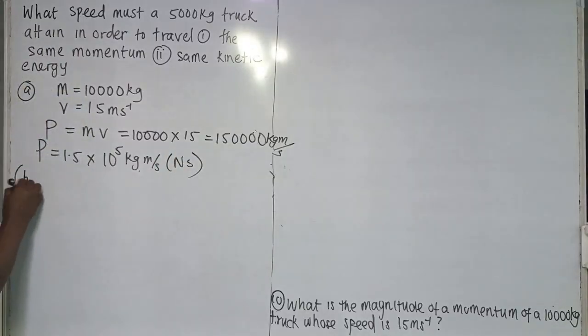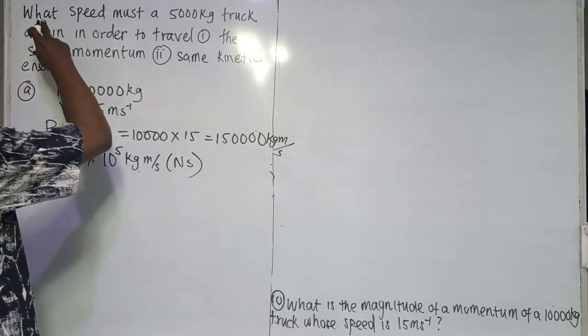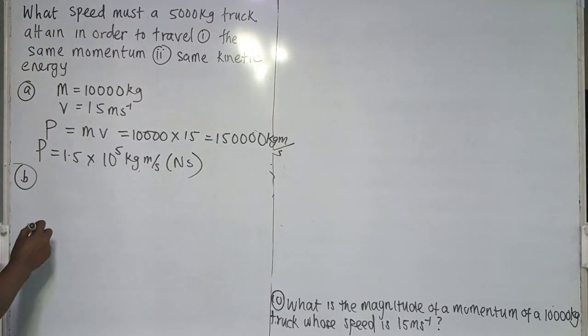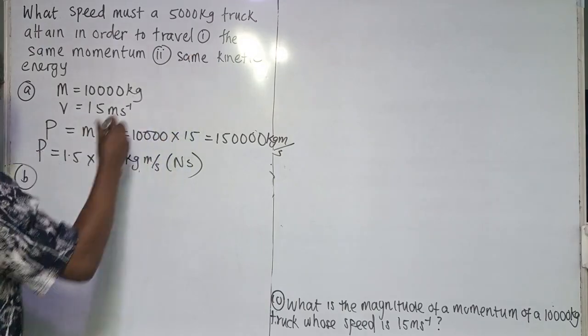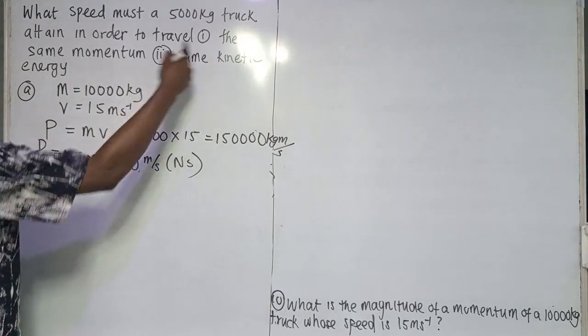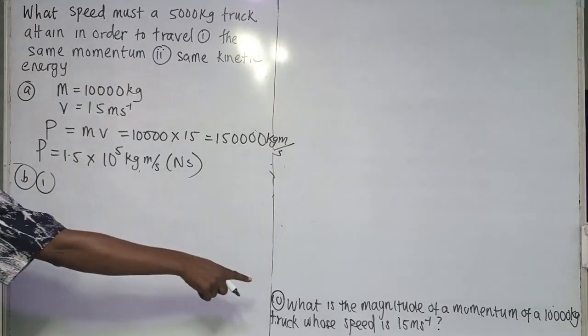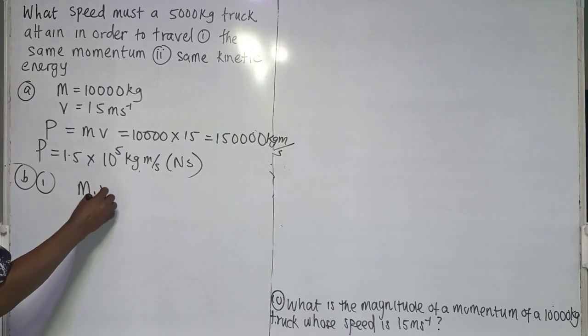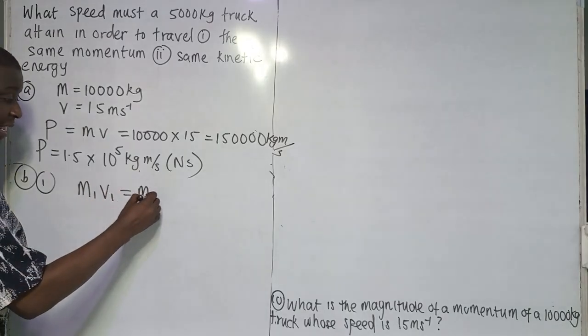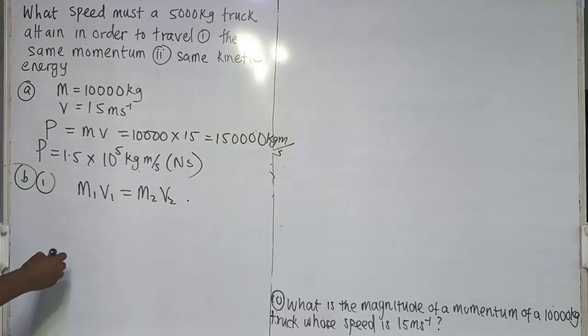Now that is A. Let's go to B. B says, what speed must a 5,000 kilogram truck attain in order to have the same momentum as the 10,000 kilogram truck? If you have to do that, you are going to use Newton's third law: M1 V1 equals M2 V2.